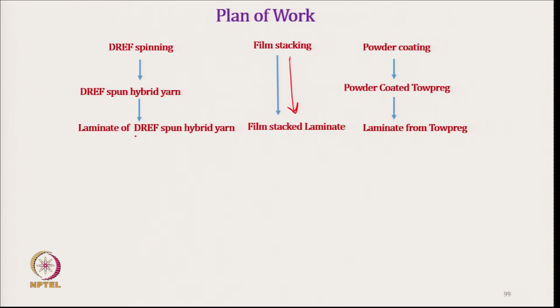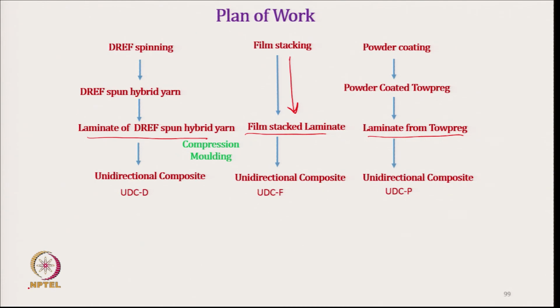Then we will form the laminates: laminate of DREF spun yarn, film stacked laminate and lamination from the powder coated tow preg. Then compression molding will be done to form the composite.